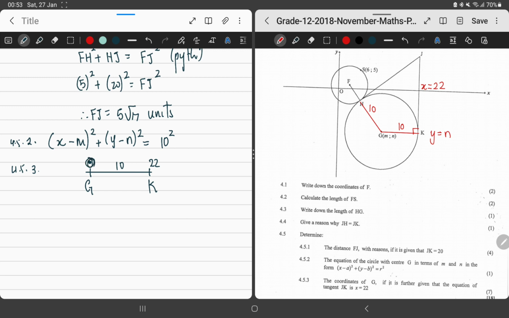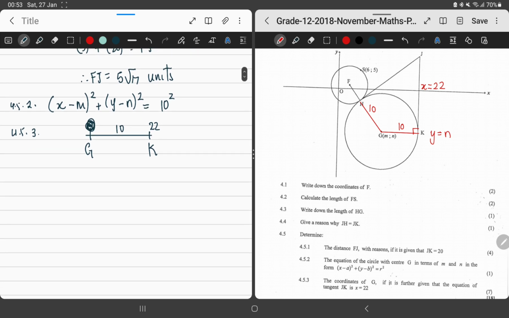It means that m is equal to, because this is 90 degrees, this line will be parallel to the x-axis. So m should be equal to 22 minus 10, which is equal to 12. So this is (12; n).